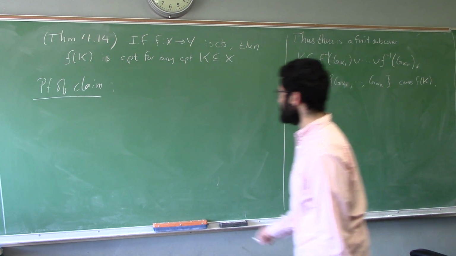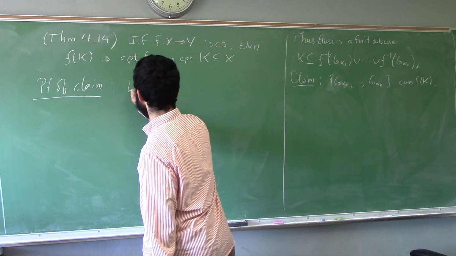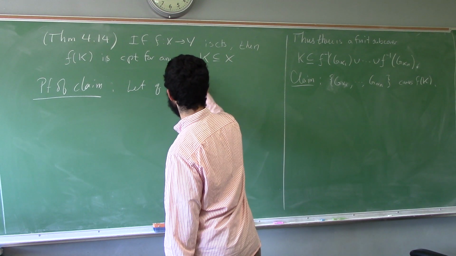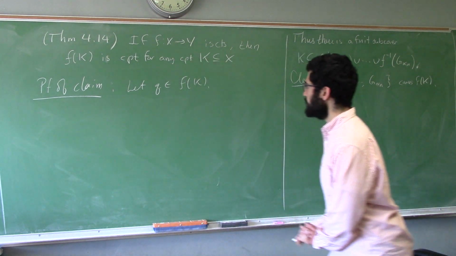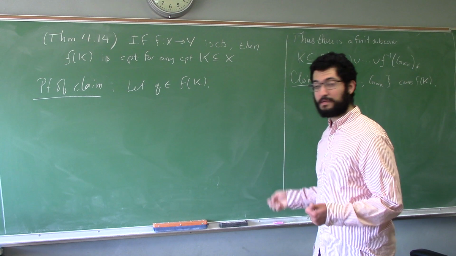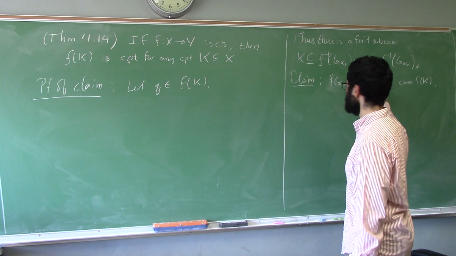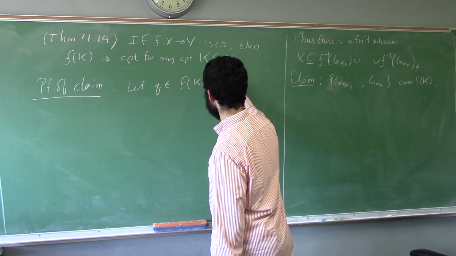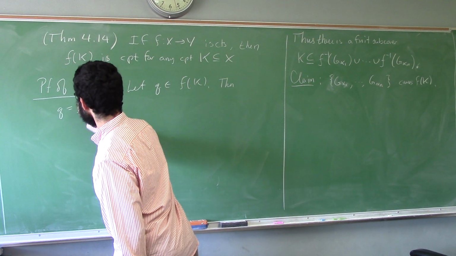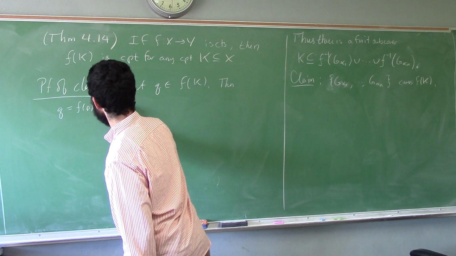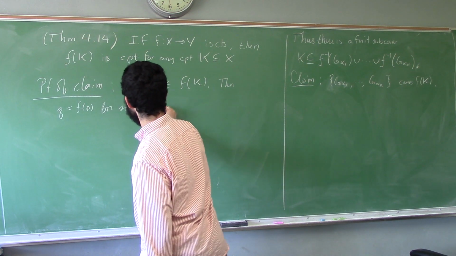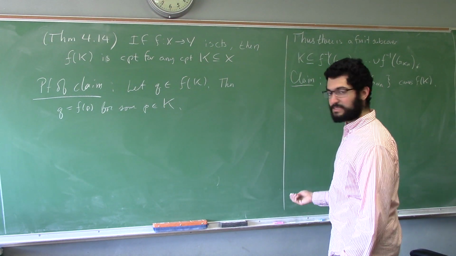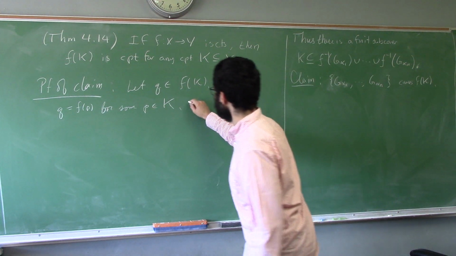So to prove the claim, let Q be any point in f(K), and now my goal is to show you that Q is in at least one of these G_alpha_i's. Then Q is f(P) for some P in K, but K is a subset of this union, so P is in at least one of these, right?